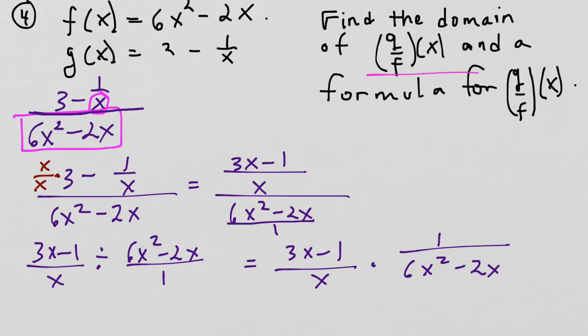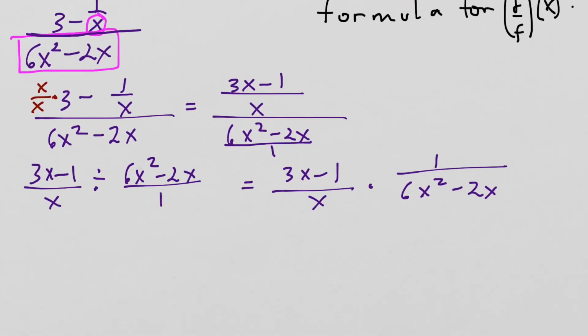All right, so now I've got 3x minus 1 over x. Let's go ahead and distribute it. So I've got 6x cubed minus 2x squared on the bottom.